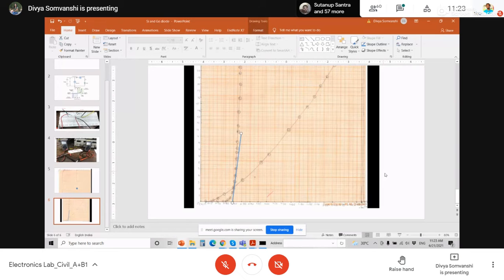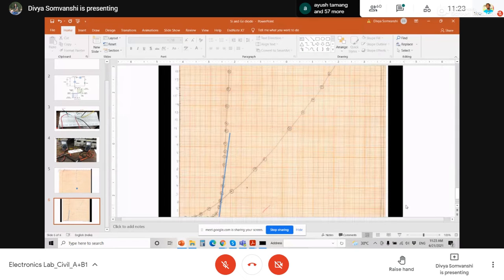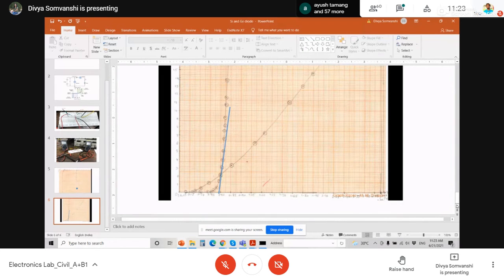Right? So this is my tangent, and this should come as 0.7. If you see here, for these students it is coming around 0.6 something. This happens because the diode is old normally.